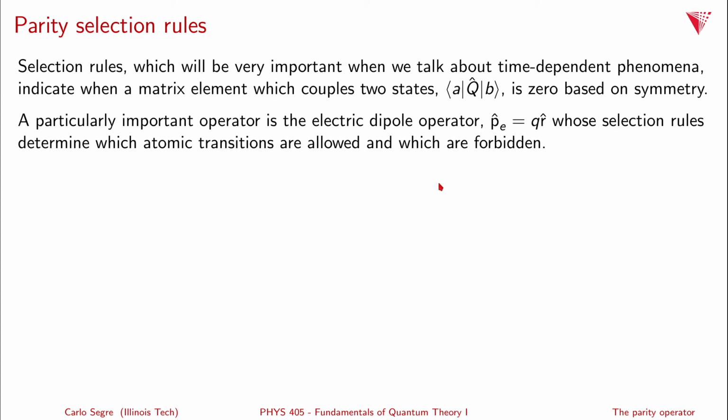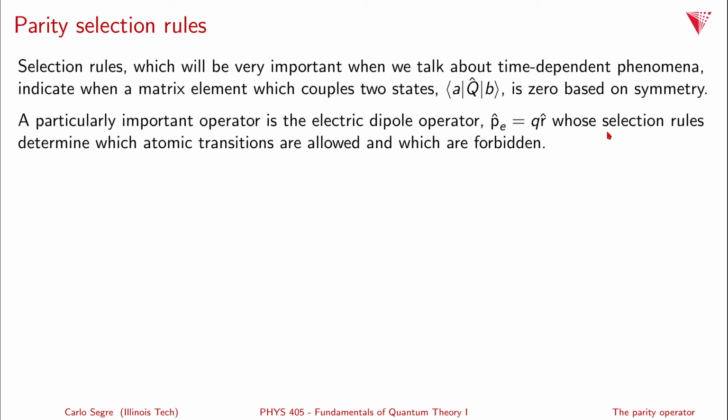So one of the more important operators that we'll use is the electric dipole operator, which we designate as P sub E, to make it distinguishable from the momentum operator. And that's just the charge times r. So that's a dipole, right? It has a direction and a charge.